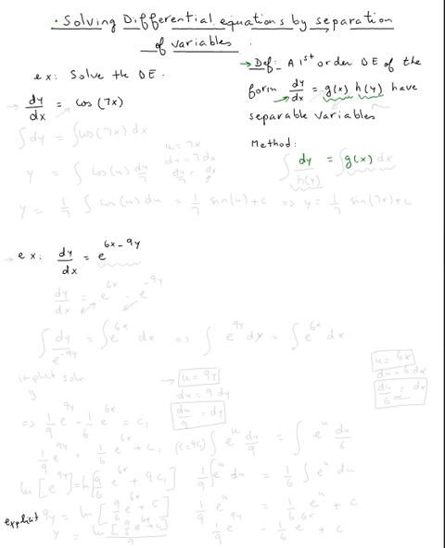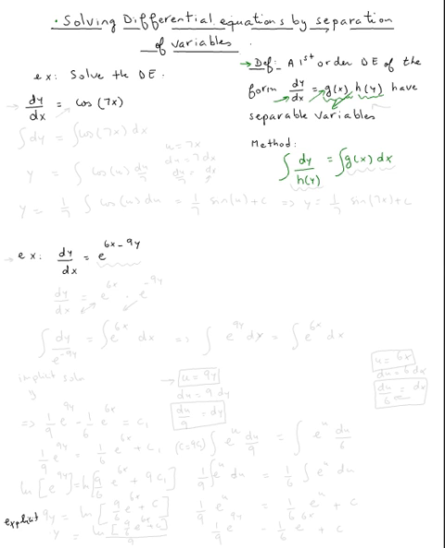Now to move h of y to the left side, you can always move things diagonally. So h of y will go to the denominator, and then dx can move diagonally, so you'll have dx, and then all you do is integrate both sides.